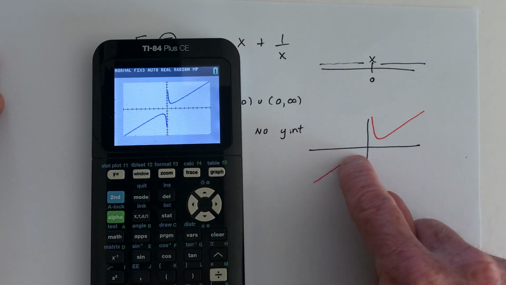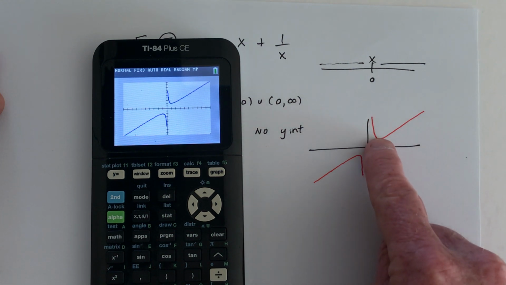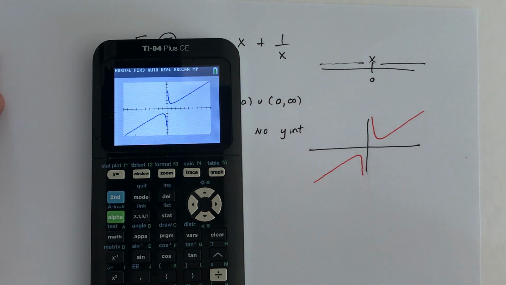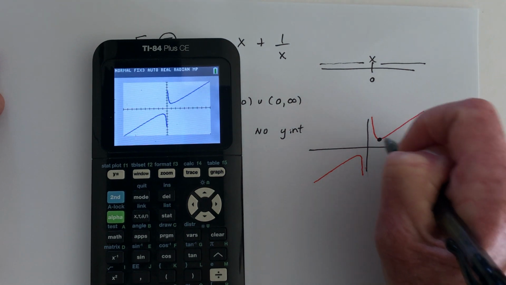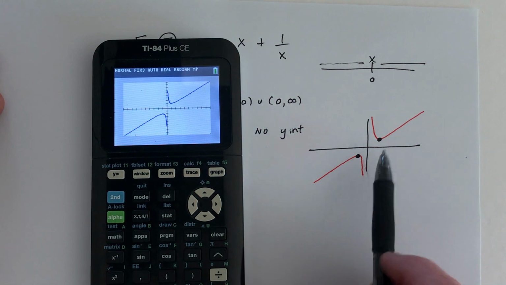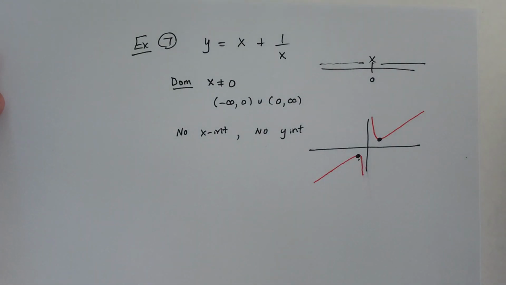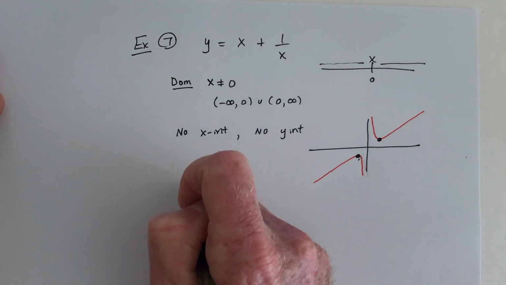And then this would be increasing and then decreasing. This would be decreasing and then increasing. So this point right here and this point right here are definitely important. And both of these places are where the derivative equals 0. So next up, the derivative.